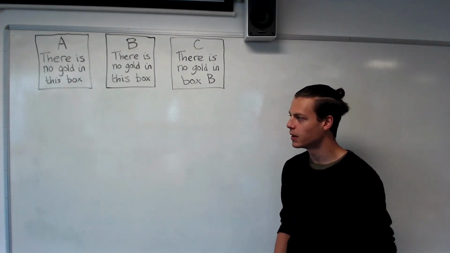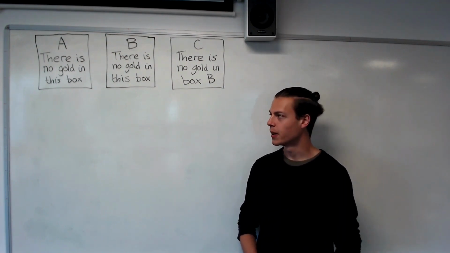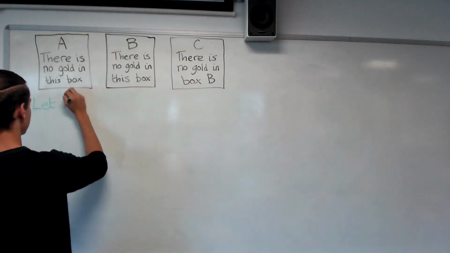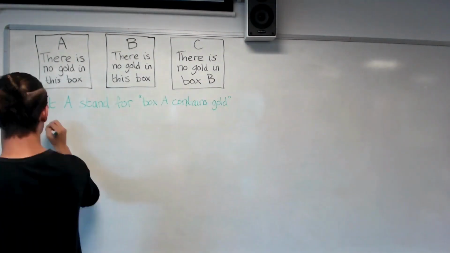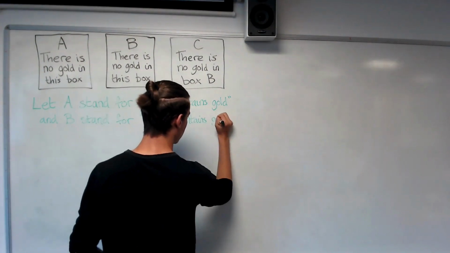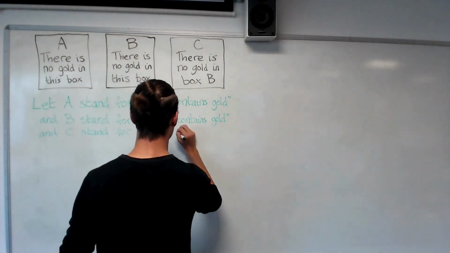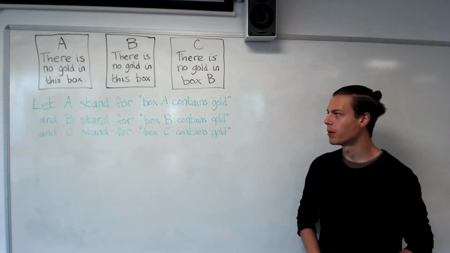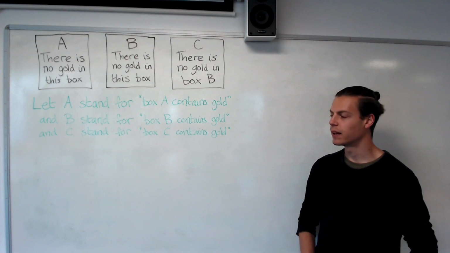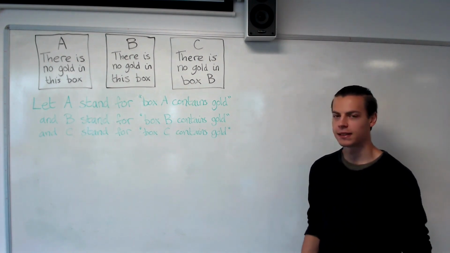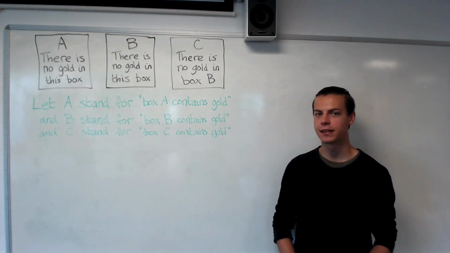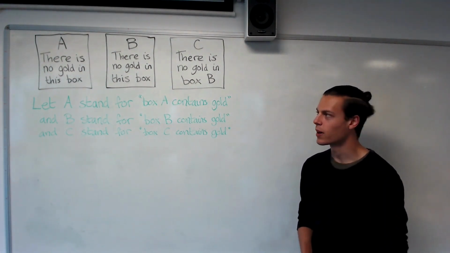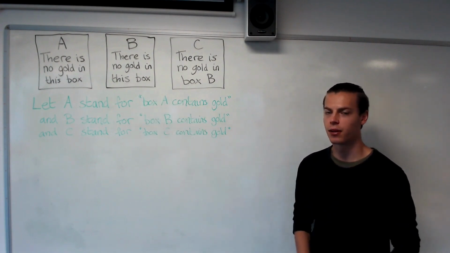Okay? So, the first thing I want to do is introduce some variables. So let A stand for box A contains gold, B stand for box B contains gold, and C stand for box C contains gold. Now that we have these variables, we can translate the three statements into propositional logic.